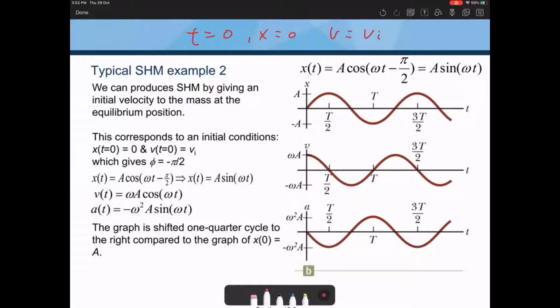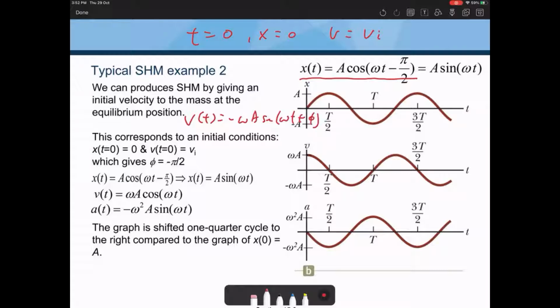So how do we work it out? x(t) is equal to A cosine omega t plus phi. And then v(t), if you go back to the equation on page 24, is equal to minus omega A sine omega t plus phi.